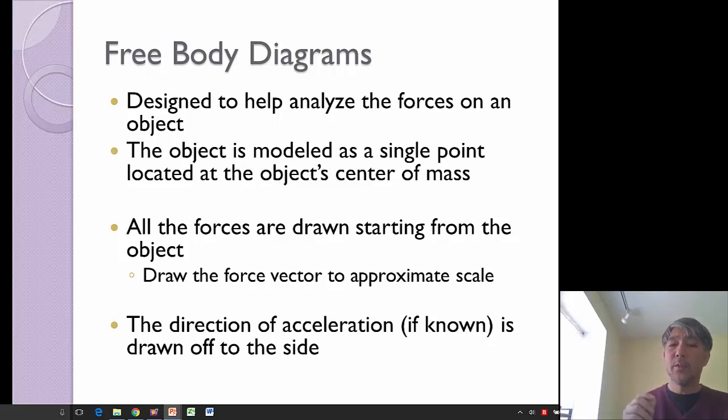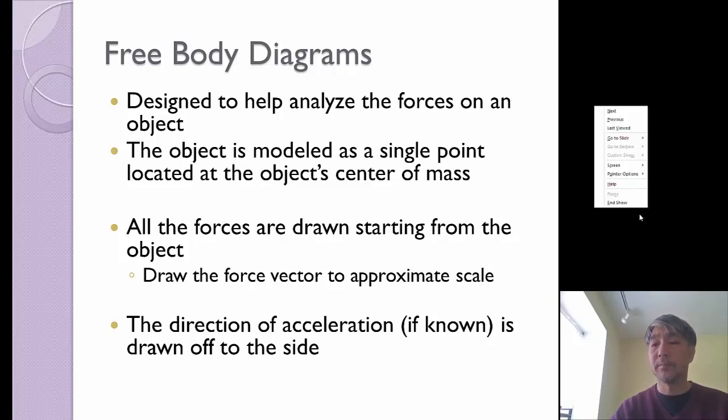And if you know the direction of acceleration or can intuit it, it's good to draw that off to the side. The reason is that the net force, or the sum of all those forces, the resultant, should be in the same direction as acceleration. Okay, so let's see what that looks like.